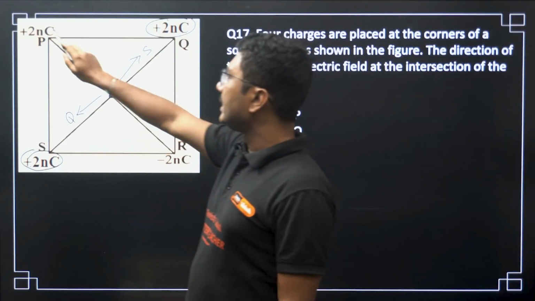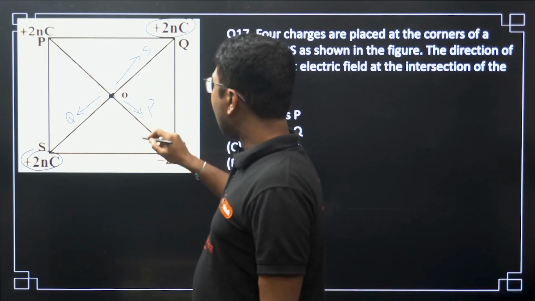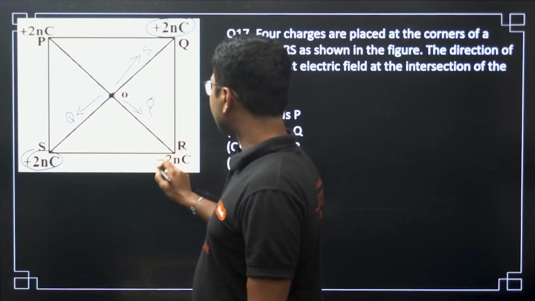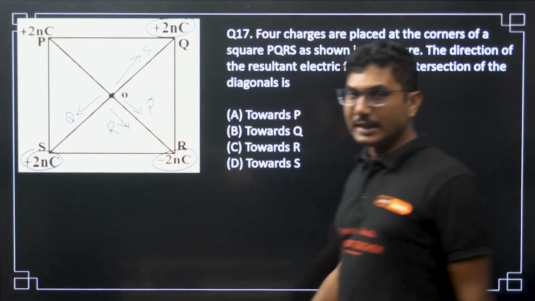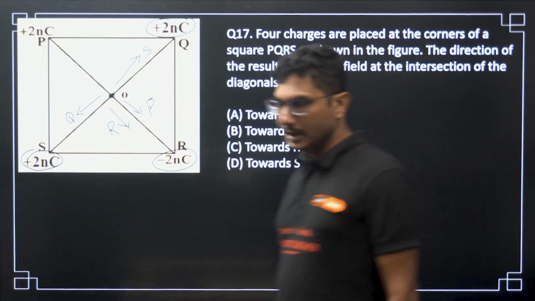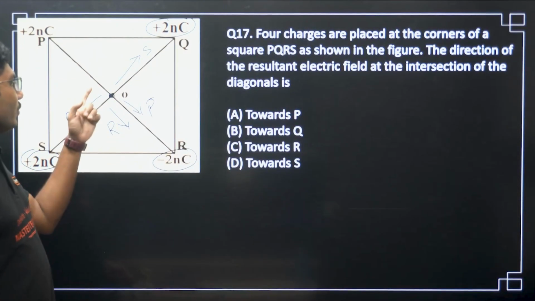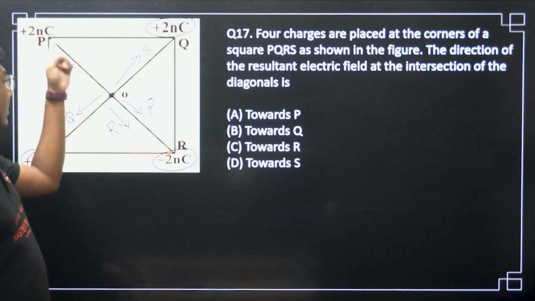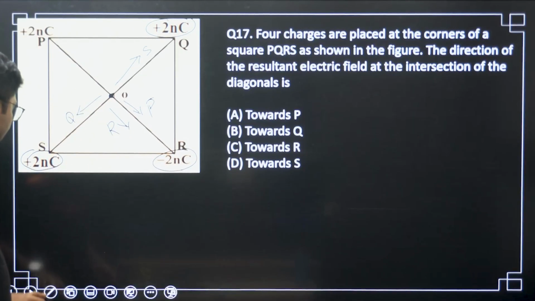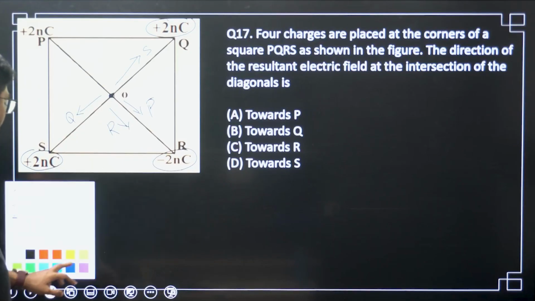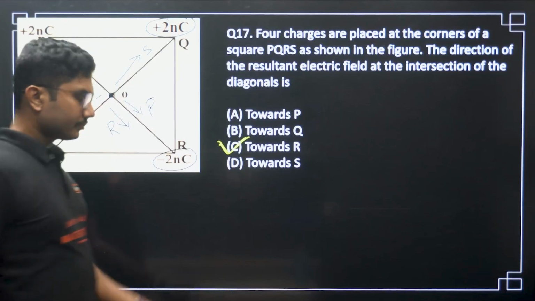Now the electric field due to P will be in this direction, and the electric field due to this negative charge at R will also be in this direction, because for negative charges the electric field is always towards them. So they will not cancel. So the electric field in this case is towards R. So towards R is the correct answer.